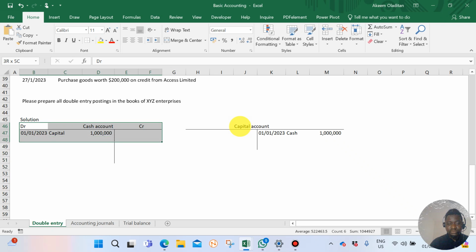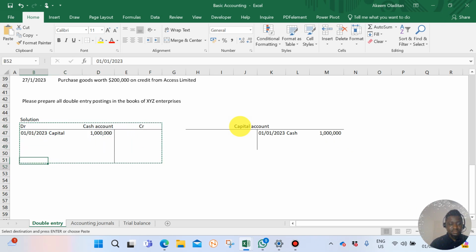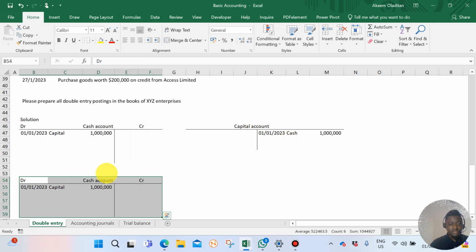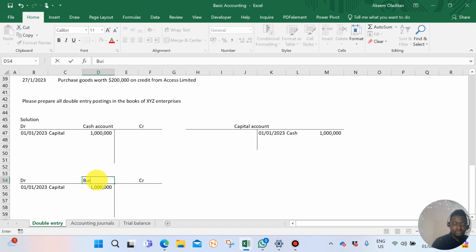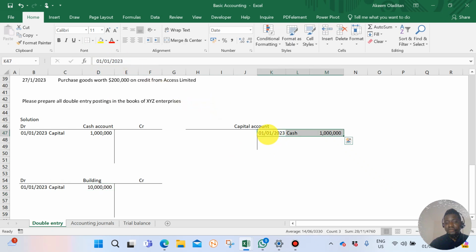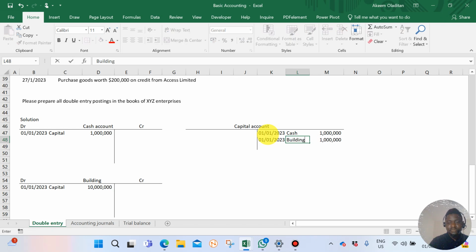I can copy this one and paste it down, and we call this one building. The capital account remains the same. Like we did for cash, we do the same thing for building. It's $10 million this time, so we have completed the first posting.